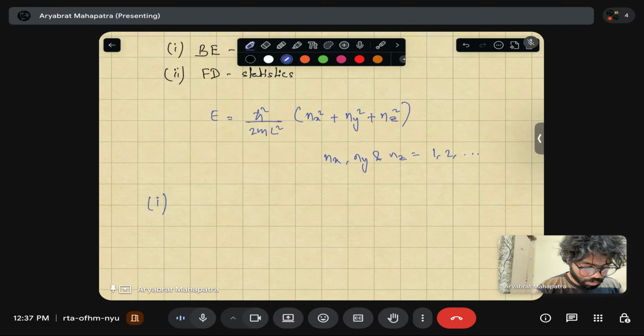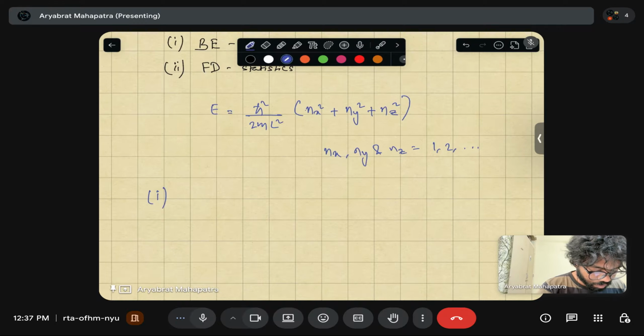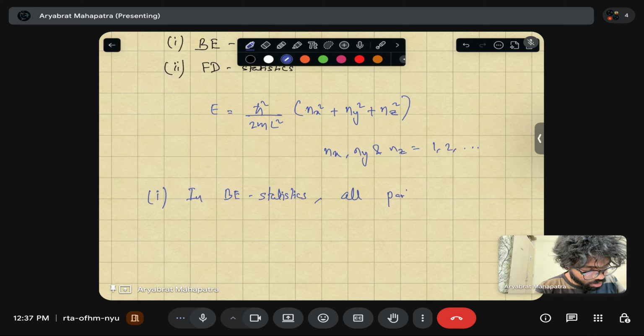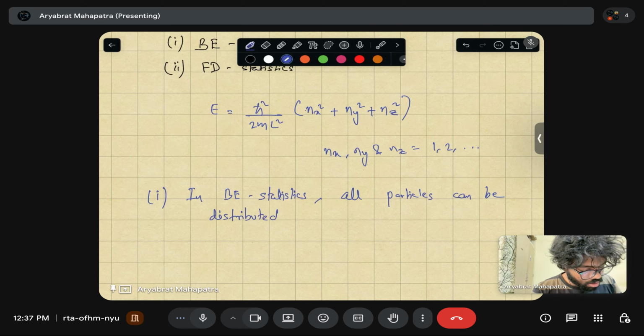So in Bose-Einstein statistics, all particles can be distributed in the ground state.